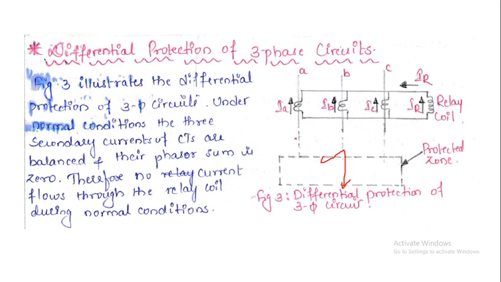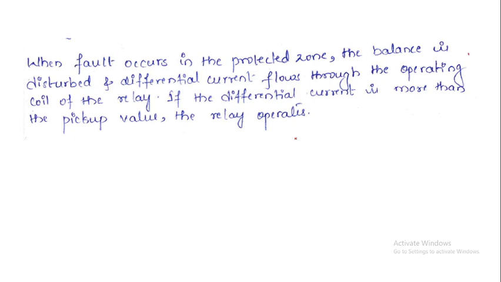This unbalanced condition causes a differential current to flow through the relay coil, which is going to operate the relay. If the differential current is more than the pickup value, or the preset value, the relay is going to operate. So this is the protection of a three-phase circuit.